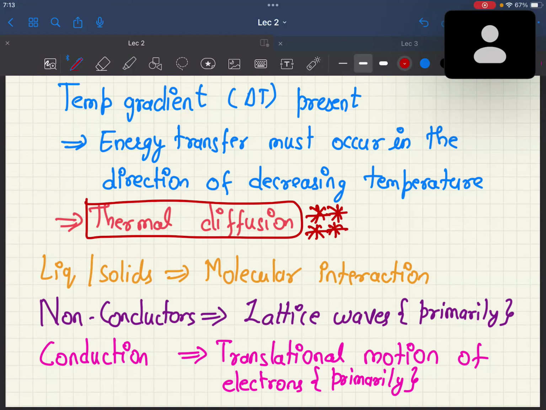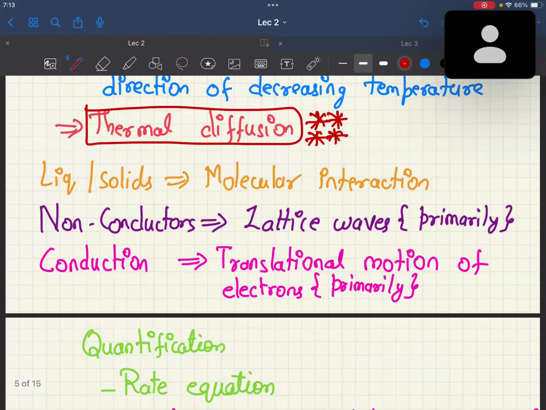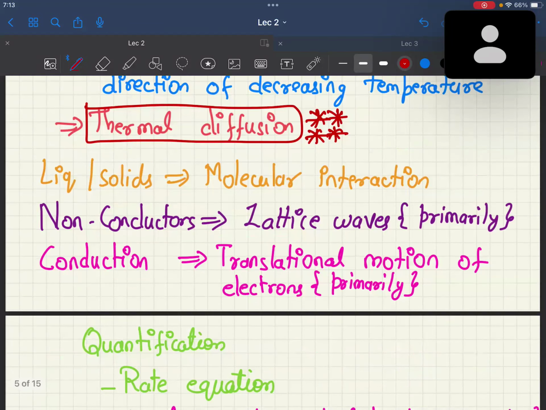So the conduction or thermal diffusion in liquids or solids typically occurs through molecular interaction. However, in a non-conducting material such as graphite or asbestos sheet, the typical transport occurs because of the lattice wave. The heat transfer in good conductors happens because of the movement of electrons.